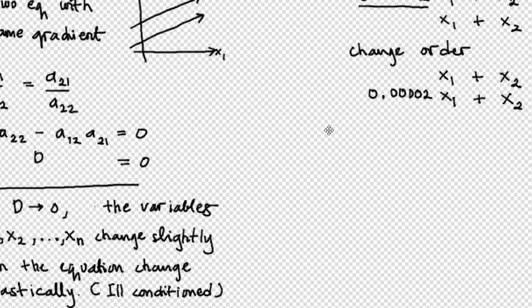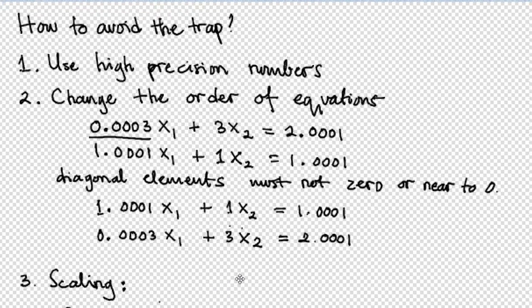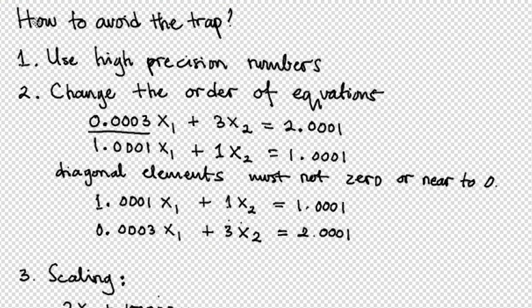So now we will discuss how to avoid the trap. How to avoid the trap is, first, use high precision numbers. Suppose you can use 10 digit decimal or 5 digit decimal. Of course 10 digit decimal is better than 5 digit decimal, and so on.